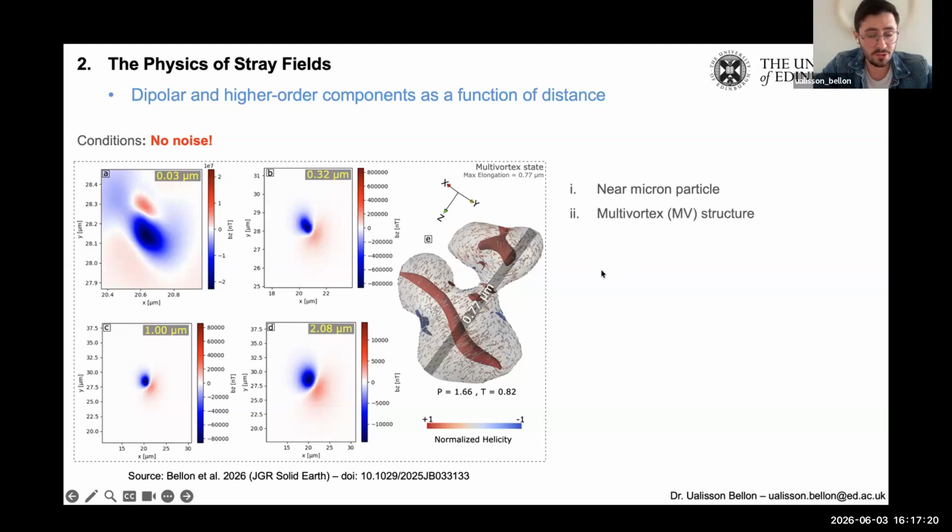It is a multivortex structure, so you can clearly see different vortex cores in each part of these two big lobes. Here we're not adding any noise, just looking at the data as if it were perfect. You can see that as we get farther away, the stray field produced by this particle starts very non-dipolar, but looks dipolar as you go far away from it.